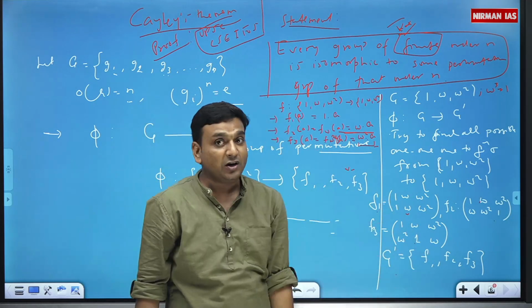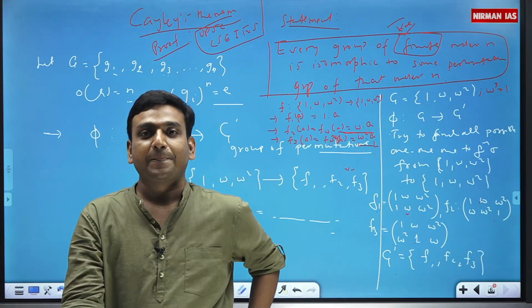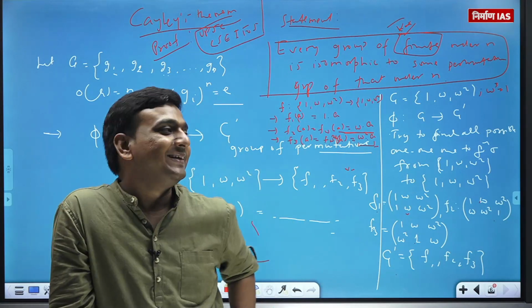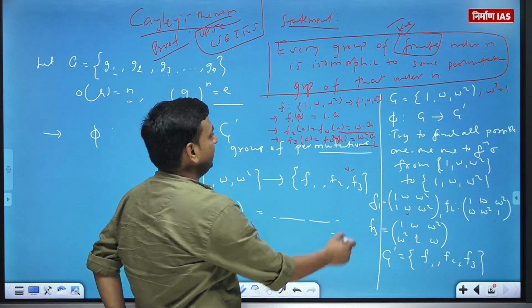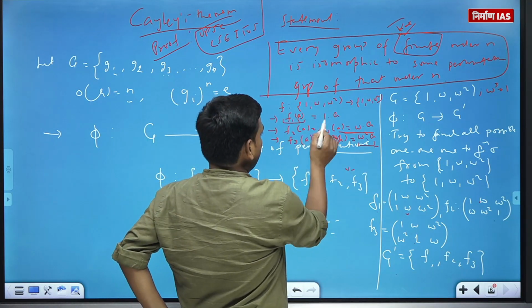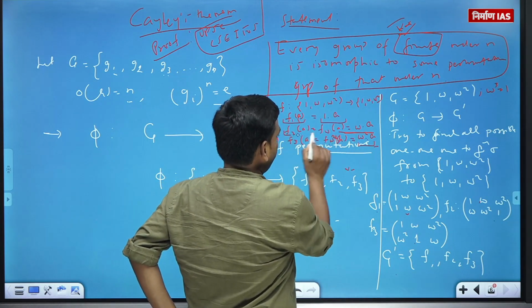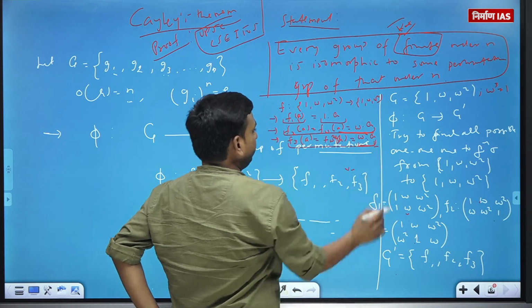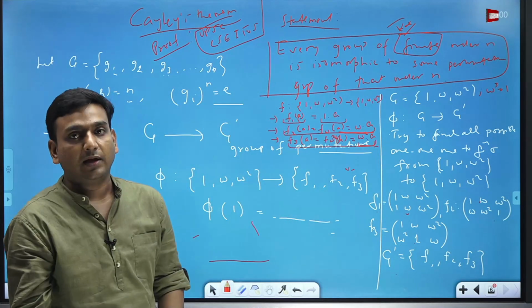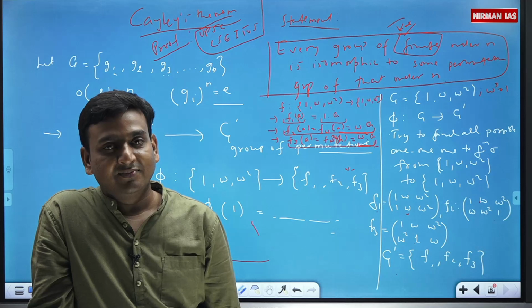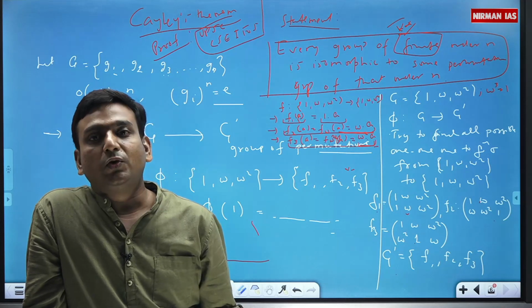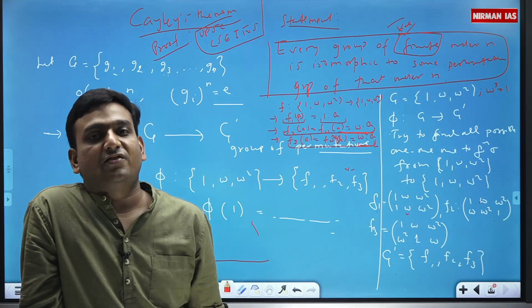So these were not random functions. Ready? We have defined f1 of a as 1 into a, f2 as omega into a, and f3 as omega square into a. What am I going to do with these functions?